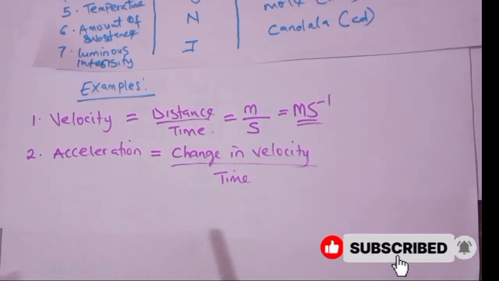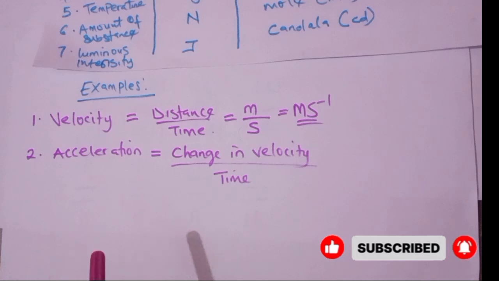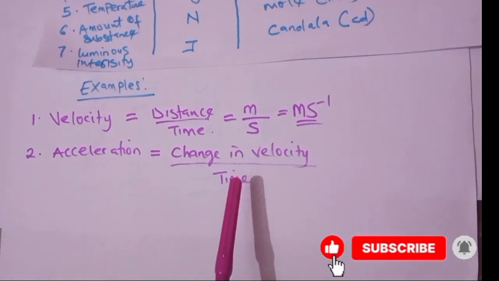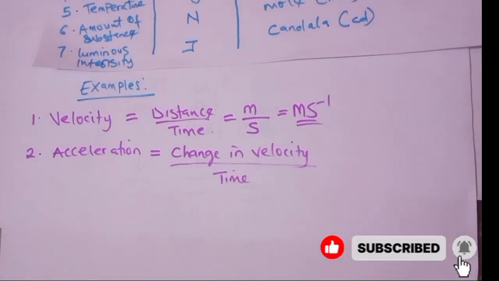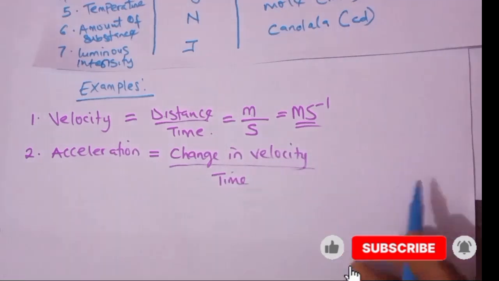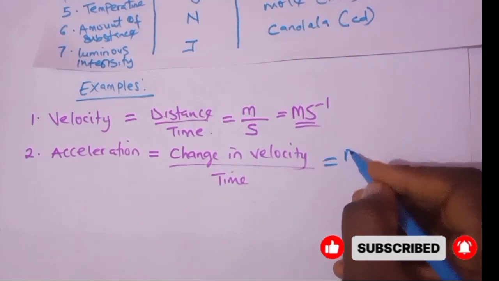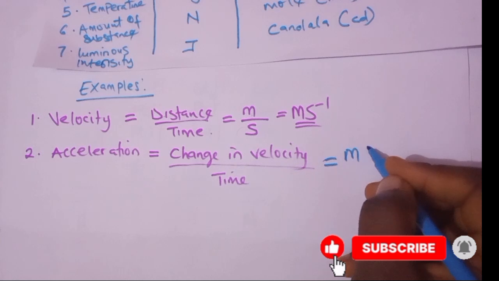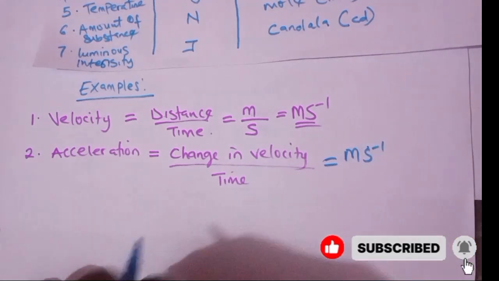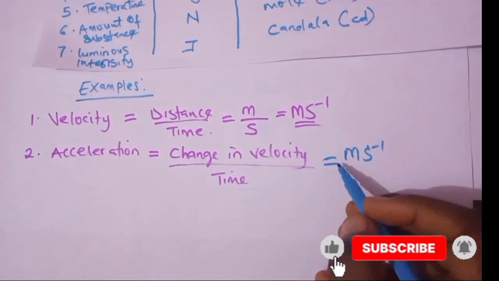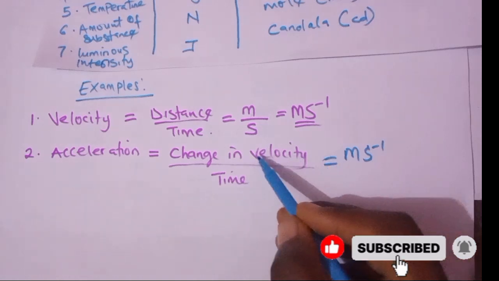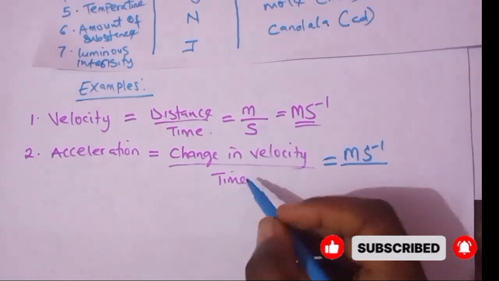So from our fundamental quantity we can identify this. Remember, our first example was velocity. What was our unit? We got meter per second. This was our unit for velocity. So now we input it here over, what is our unit for time?